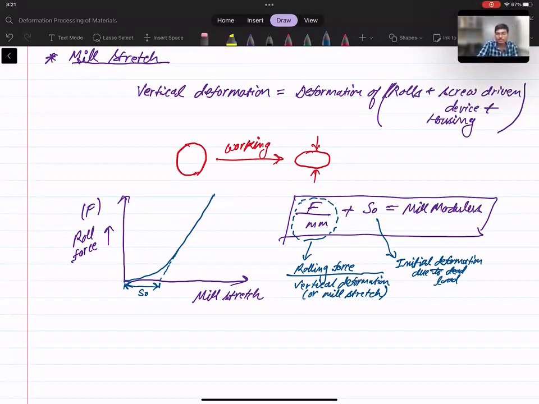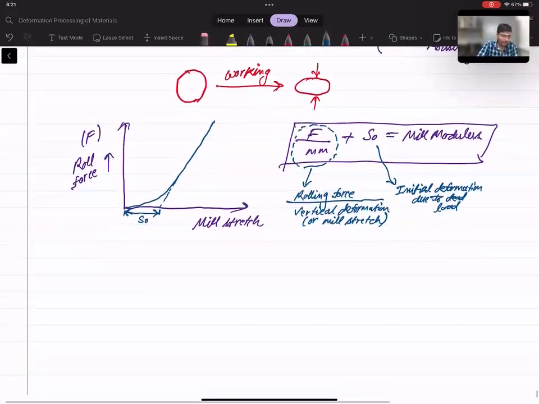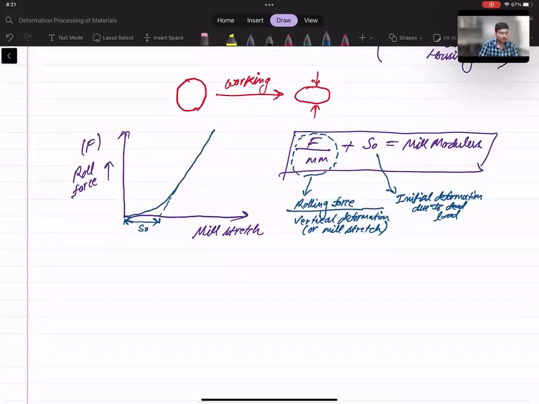This initial deformation is the total deformation due to the dead load, means when the machine is not functioning and it is loaded by its own load only. Okay, so don't get confused between these two. So this was something related to the defects.